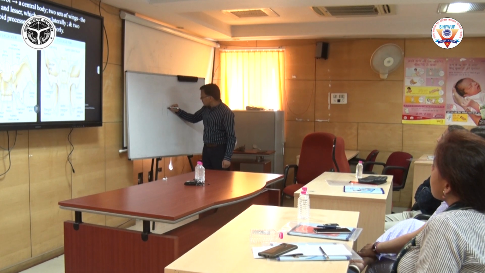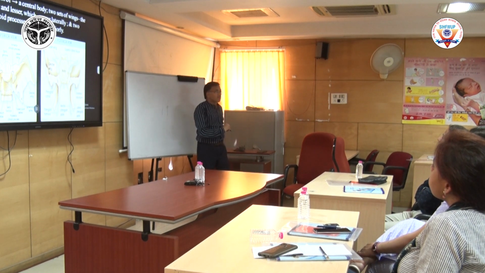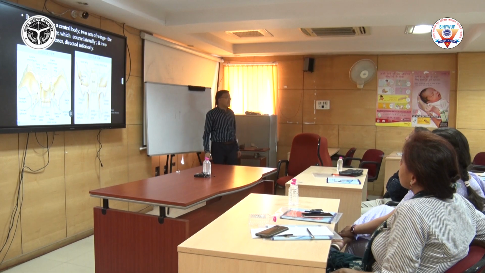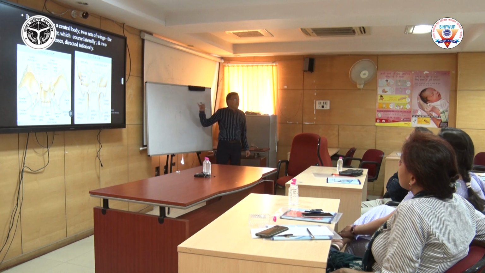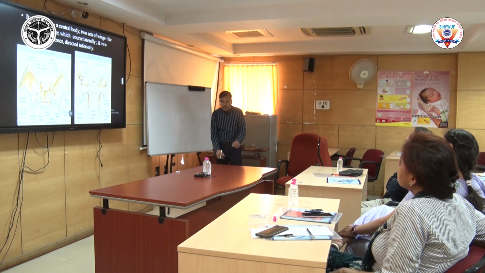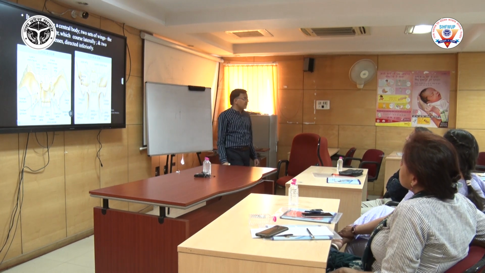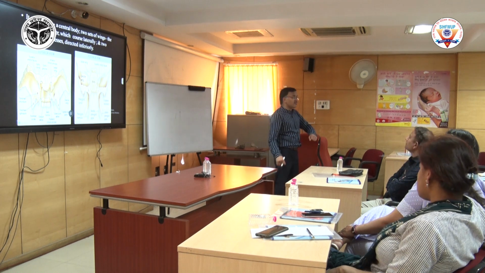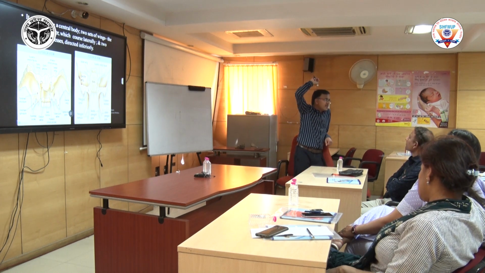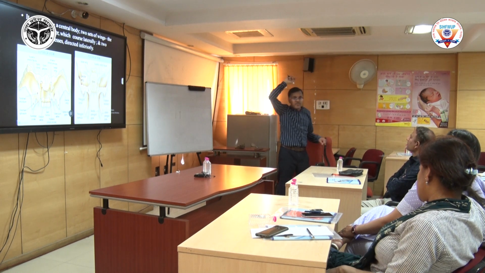Here you will see one foramen which will lead to one canal. Can anyone tell? Vidian canal. ठीक है. Vidian canal carry the nerve known as Vidian nerve, which is formed by the fusion of two nerves. One is greater superficial petrosal nerve and deep petrosal.